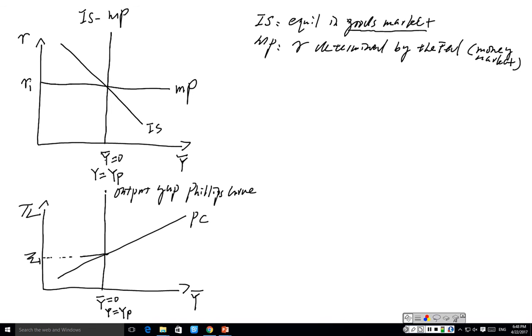So now, can we use this model to describe how the Federal Reserve fights the recession? So first step, suppose a recession happens. This could be caused by, say, a stock market crash.